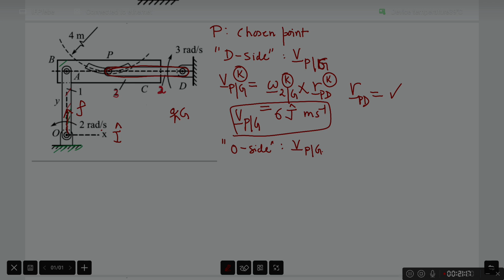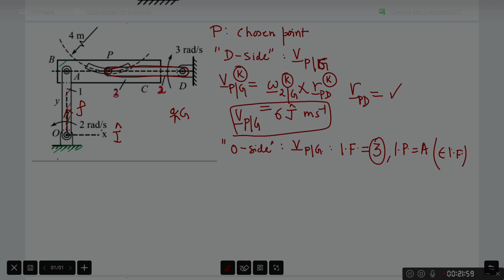Now from the O side, it is not very straightforward to write the velocity of particle P with respect to ground. And since it is not very straightforward, I am going to invoke the idea of intermediate frame and an intermediate point. I am going to choose the intermediate frame to be RB3 itself, and I am going to choose my IP as point A. And mind you, IP should be a point fixed in IF.